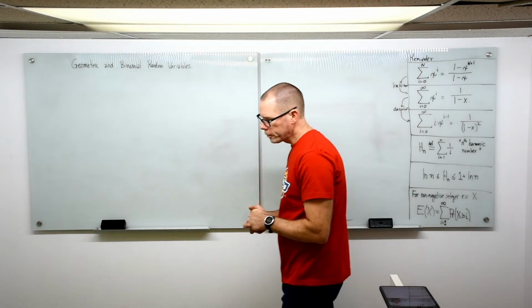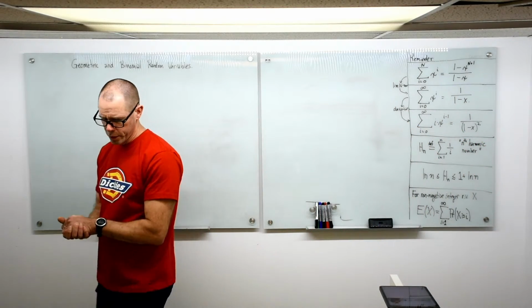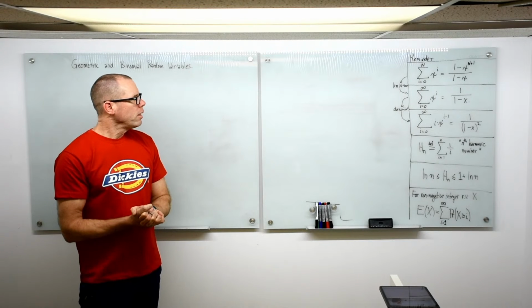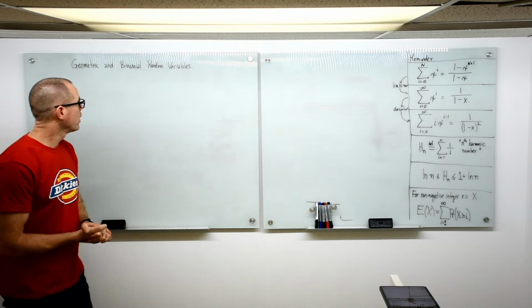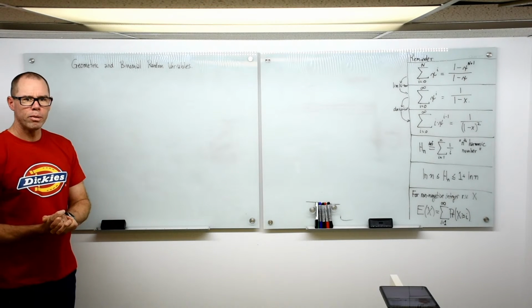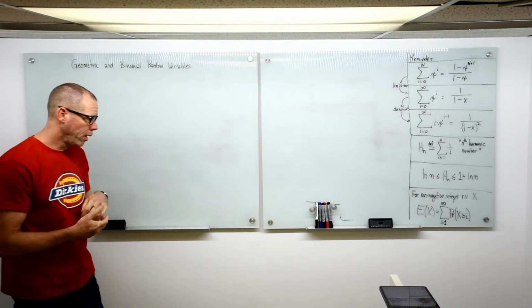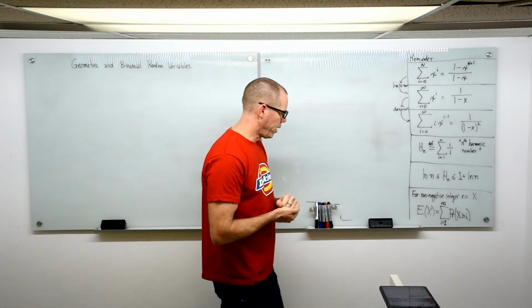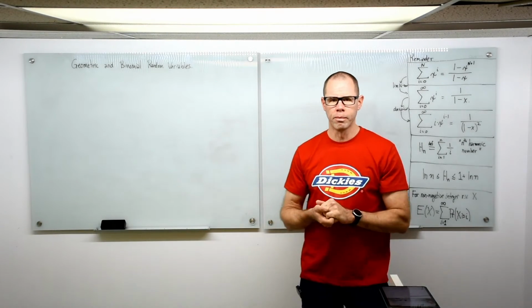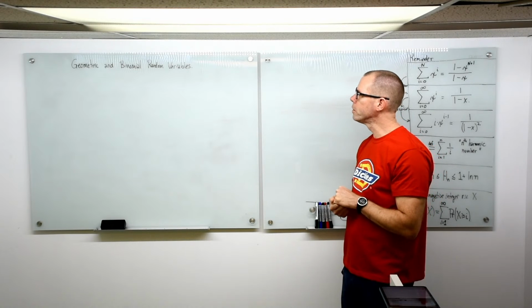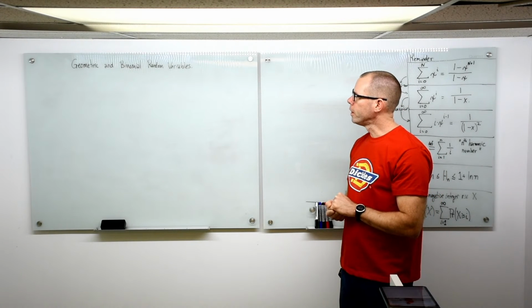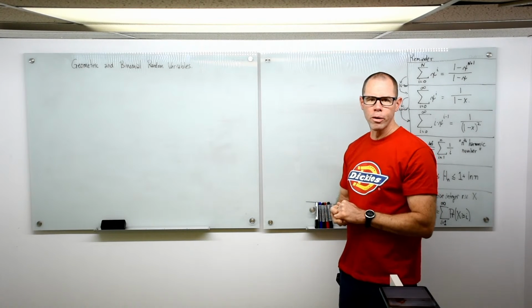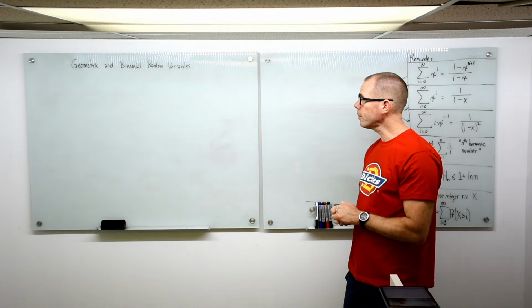Okay, so today's lecture is going to be about two kinds of random variables that you may have heard of before, but probably you've heard of them as being called distributions. And these are the so-called geometric and binomial random variables.